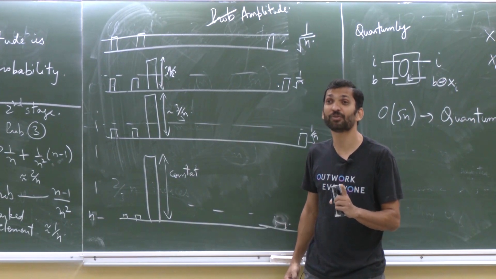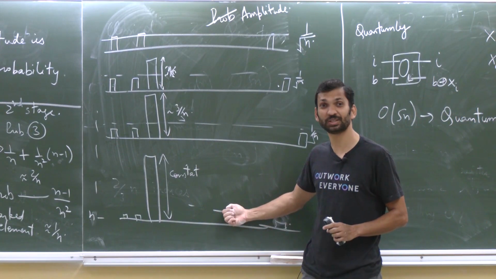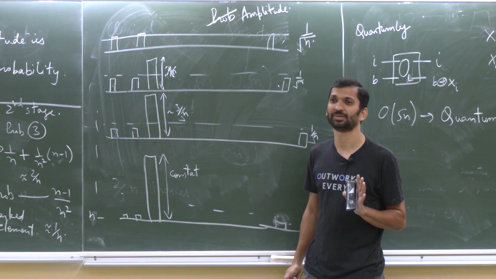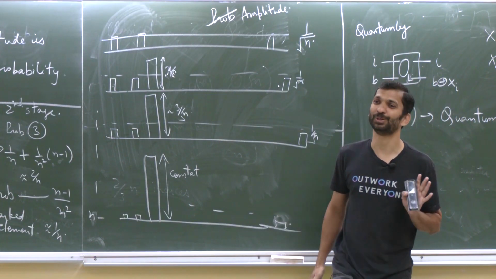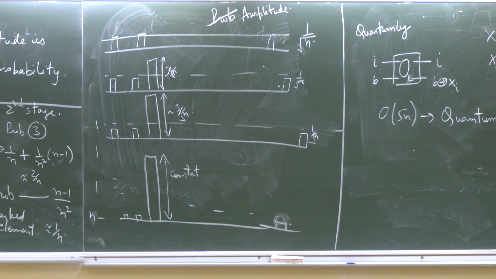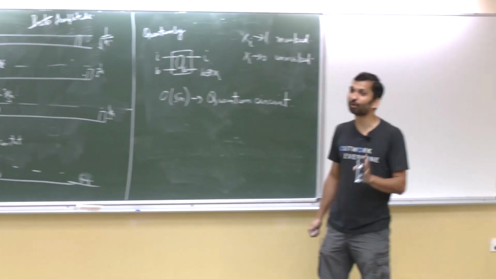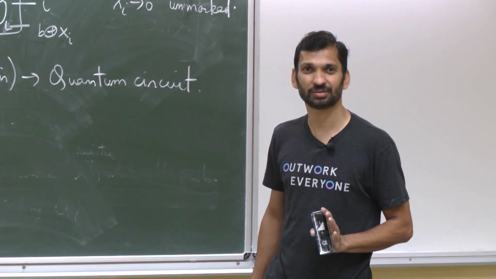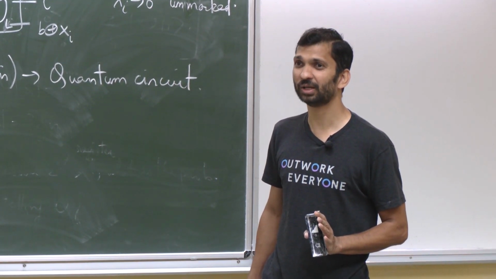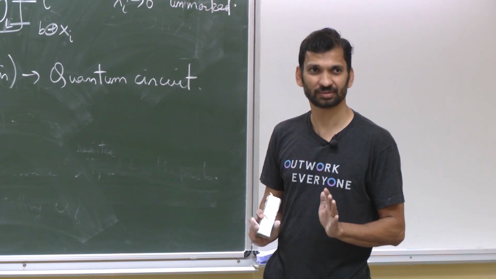If we can amplify amplitude, we can do this in root n steps, but can we amplify amplitude? So the idea is right there. How we will execute it is the question. Okay, makes sense?